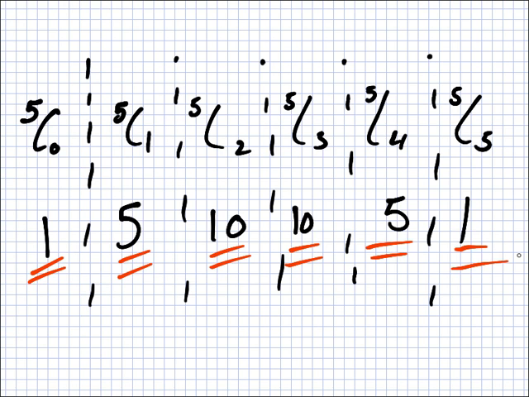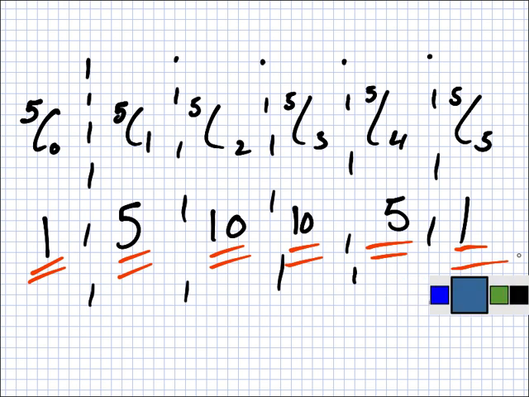So you should notice that that looks familiar to Pascal's triangle. This provides a quick way to get any row on the triangle. So if I want the 5th row, I can just calculate these 6 numbers.